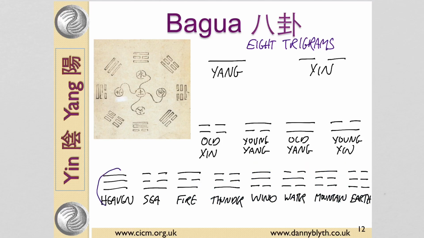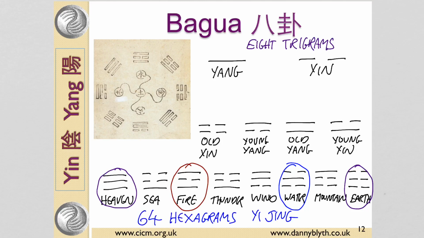So heaven is 3 yang lines, earth is 3 yin lines, water yang within yin, and fire yin within yang. 2 of these bagua were then combined together to make the 64 hexagrams of the I Ching and demonstrate the forms and transformations of Yin and Yang.